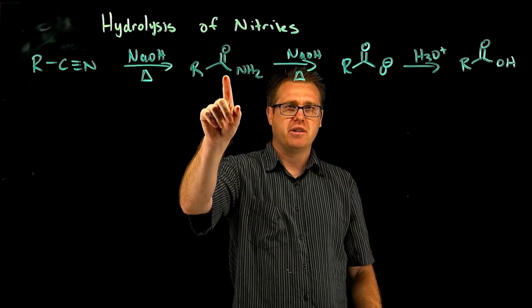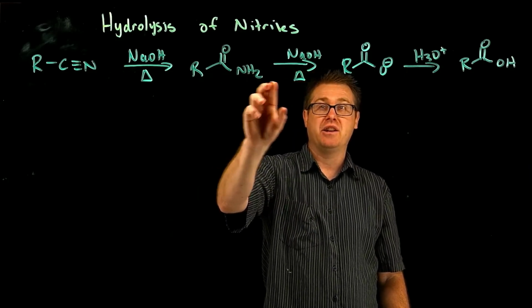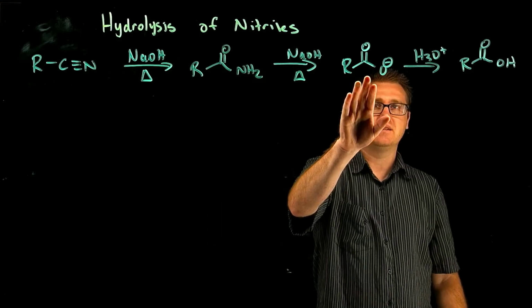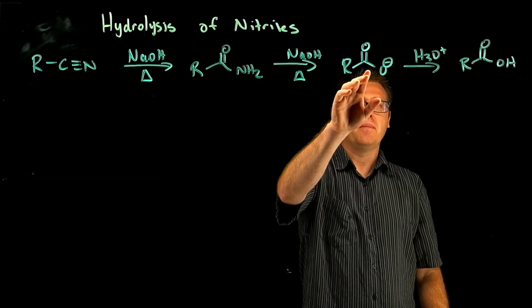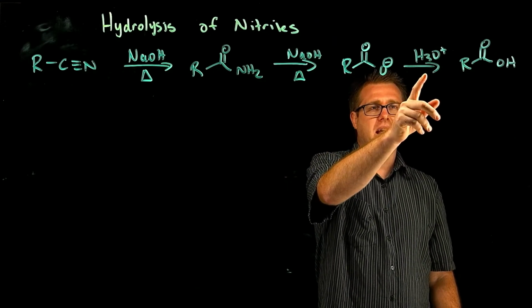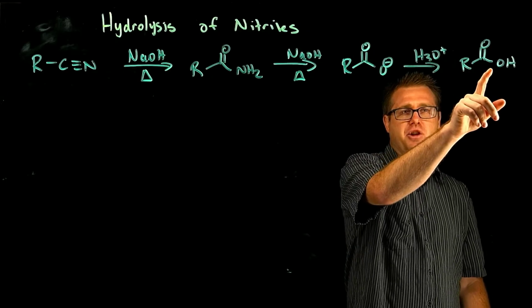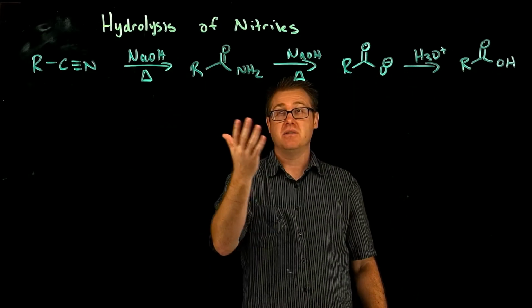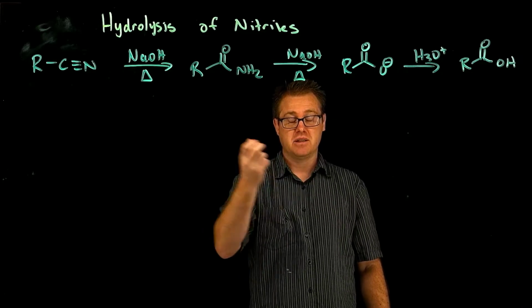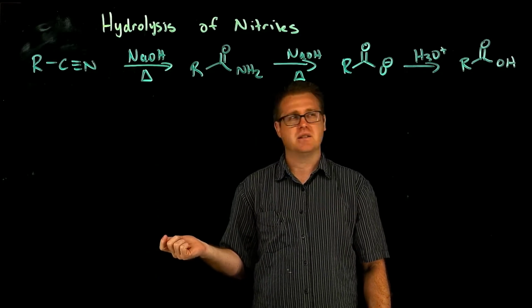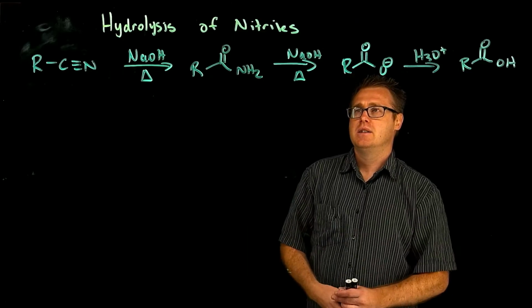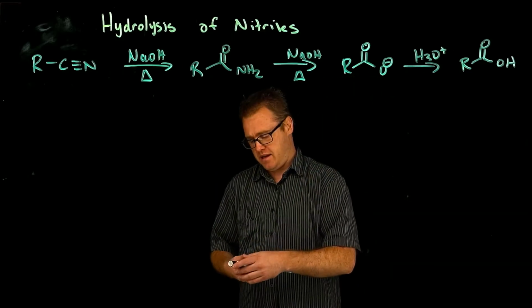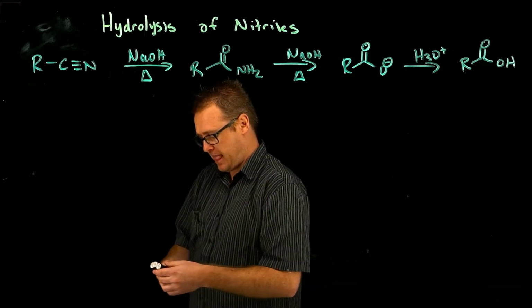But if you don't monitor it carefully and let it continue to react, you will then form the carboxylate. And then you would have a second aqueous workup step to get it to our carboxylic acid. So the overall same transformation under basic conditions as compared to acidic conditions. You get the same product, just it goes about it in a little bit different way.